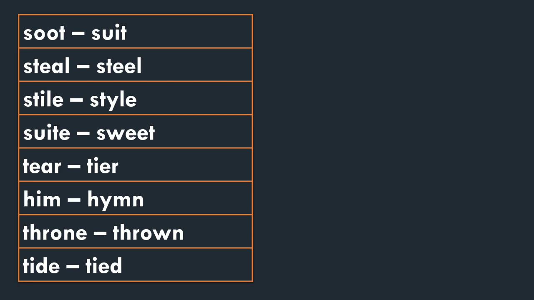Steal means to take something from somebody without informing them and having in mind that they should not return that thing. And steel is a strong hard metal which is made from the mixture of, say, iron and carbon.